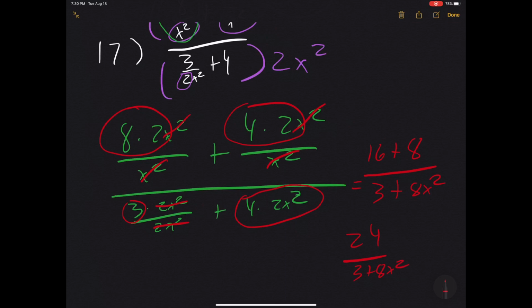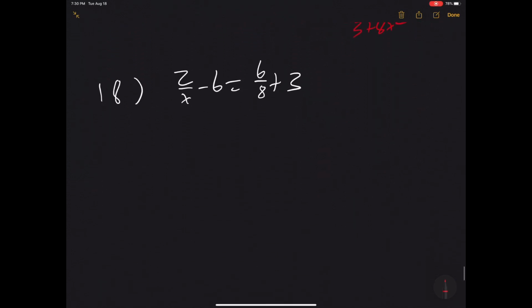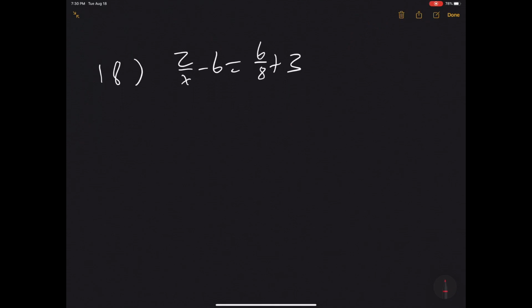So as long as we treat the fraction just how we treat equations, we are good. Which leads us to number 18, when we have to do our equation rule. In this case, you could very easily do 6 over 8 plus 3, then add 6 to the other side, then multiply both sides by x and see where you're getting. But that's a lot of hard math for no reason. Instead, something that we could do is multiply everything by a common denominator, or an x and an 8.